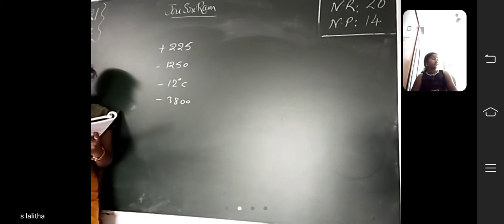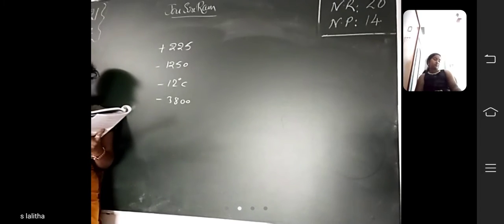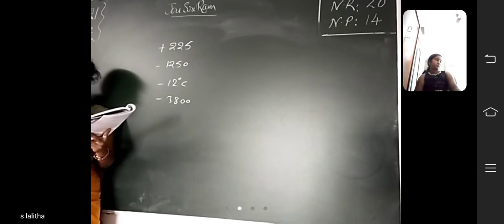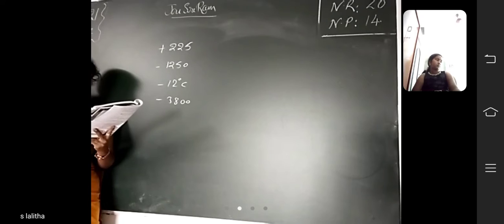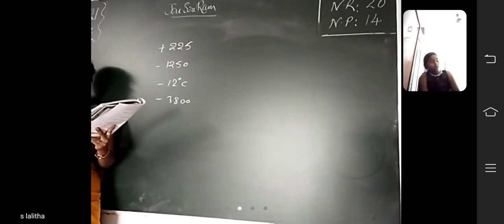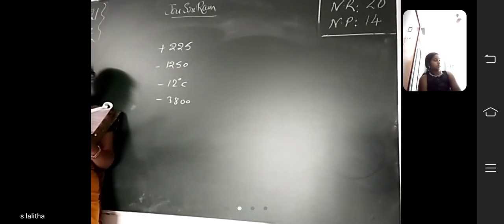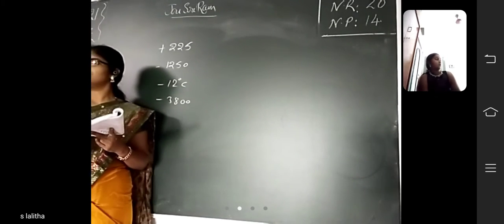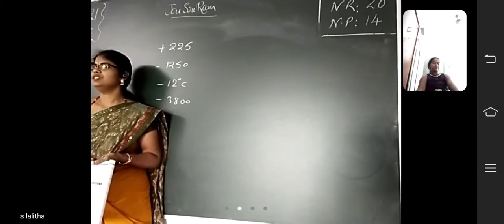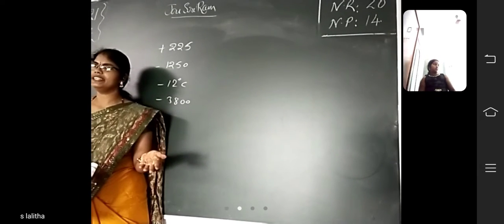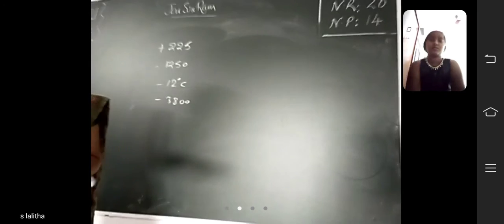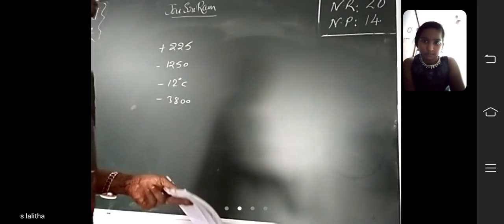Next. Second question, justify the following statements with an example. A positive integer is always greater than a negative integer. Is it right or wrong? Yes, it is true.